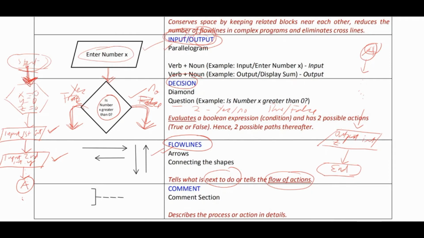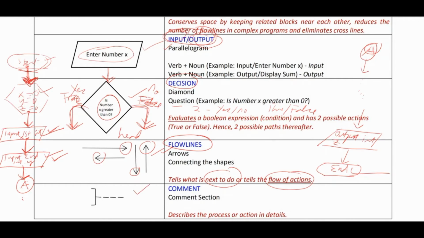It tells the direction of where to go next in the process. So from this, you go here, and then from here, you go to this, and so on until you reach the end, which is this part. And always remember that it has a head. The head tells the direction of the flow, from where and going to where.